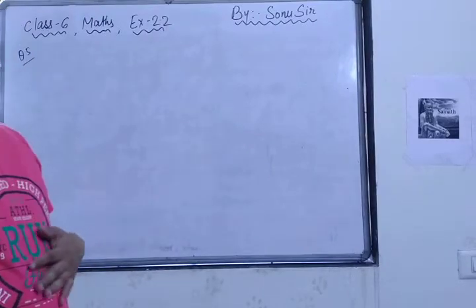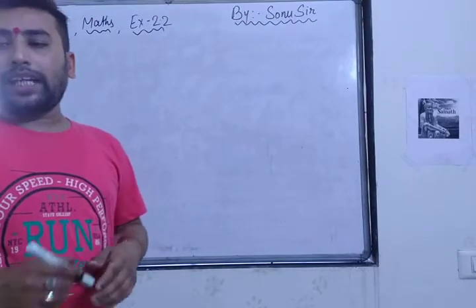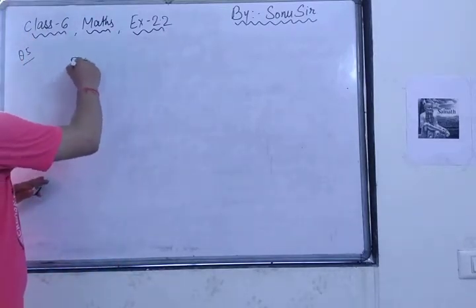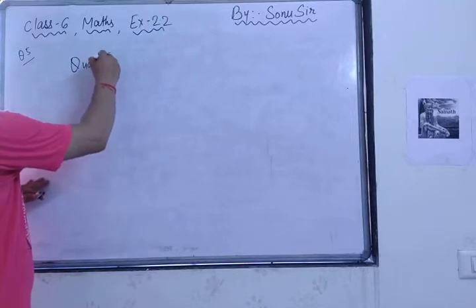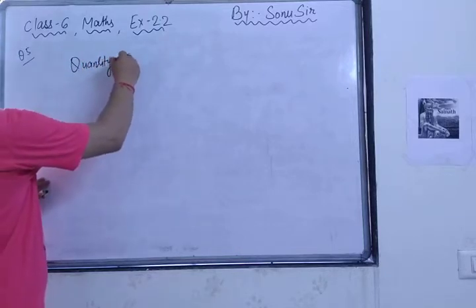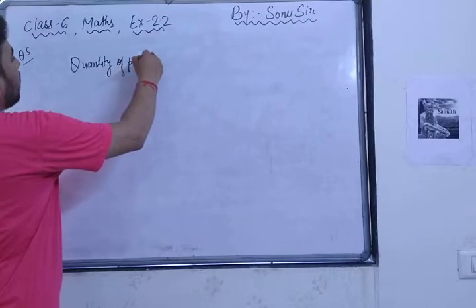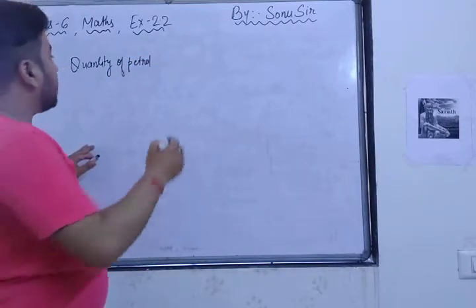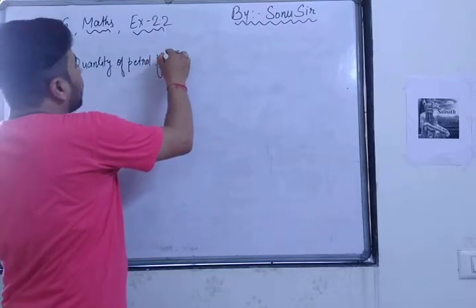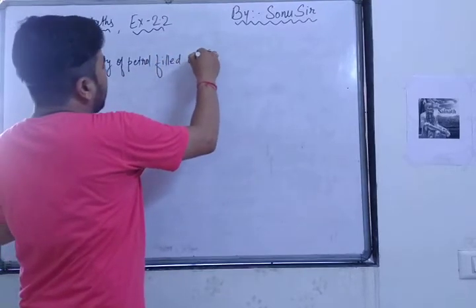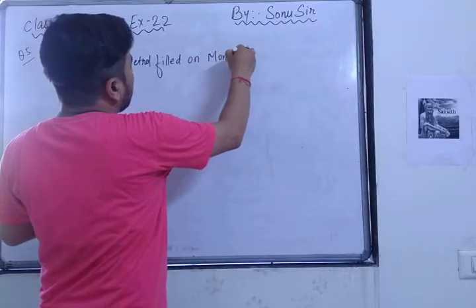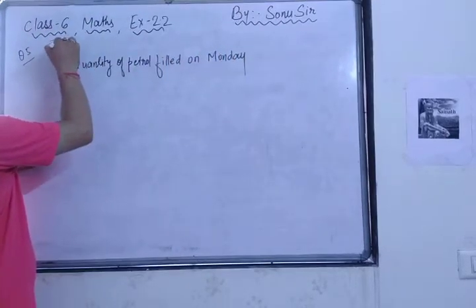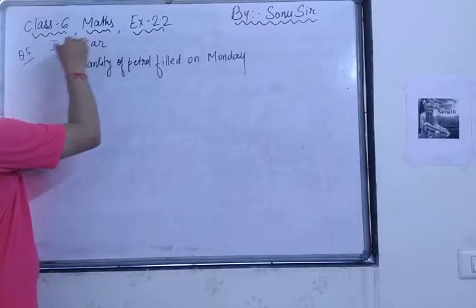So first of all, car petrol tank, on Monday he fills 40 liters. Quantity of petrol filled on Monday is equal to, first of all write a heading, in a car, because our question is in a car.